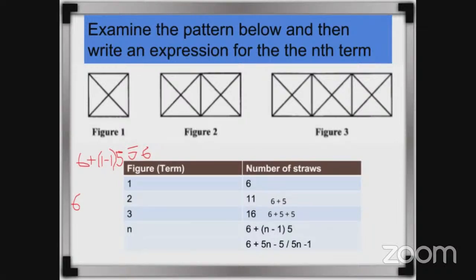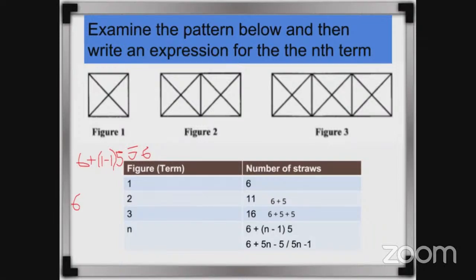All right? So, quick question is, what you're saying is that the 6 plus bracket 1 minus 1 times 5. But you're saying that the 1 minus 1 equals 0 and you multiply 5 by that 0, which will leave you with 6. No. When you say 1 minus 1, what's the answer? 0. 0 times 5 is what? 0.